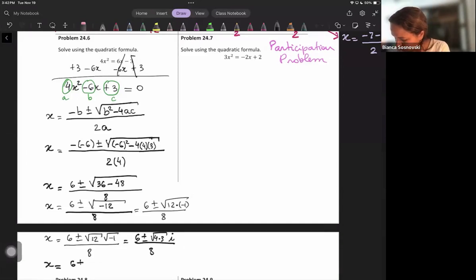So this is 6 plus or minus the square root of 4 times the square root of 3, i, all divided by 8. And simplifying 4, when you take the square root, it's 2. We have 6 plus or minus 2 square root of 3, i, divided by 8.